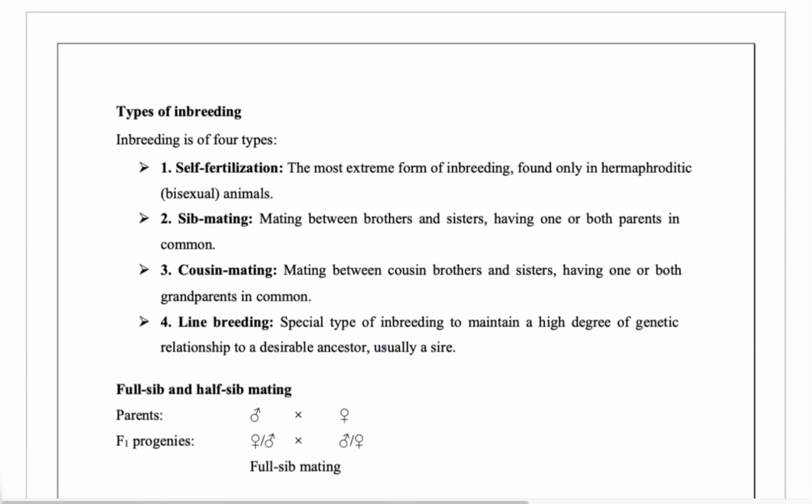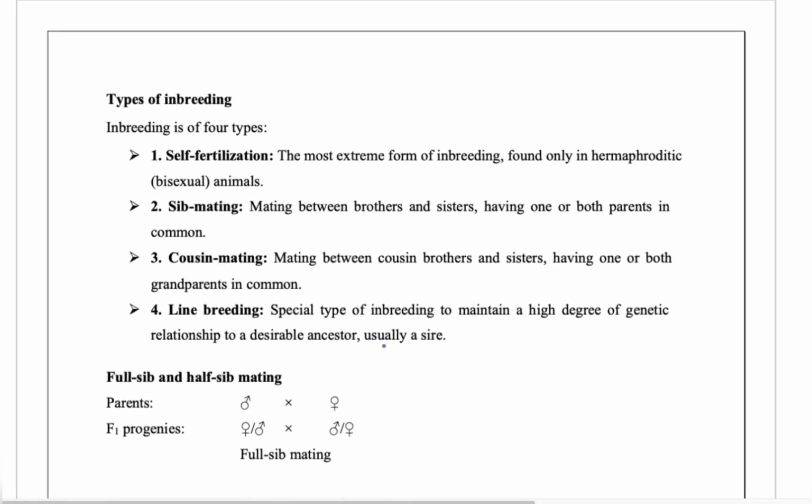Now next is the types of inbreeding. In inbreeding we have four more types. Number one is self fertilization, then sib mating or sibling mating, then cousin mating, and the last one is line breeding. First, self fertilization.